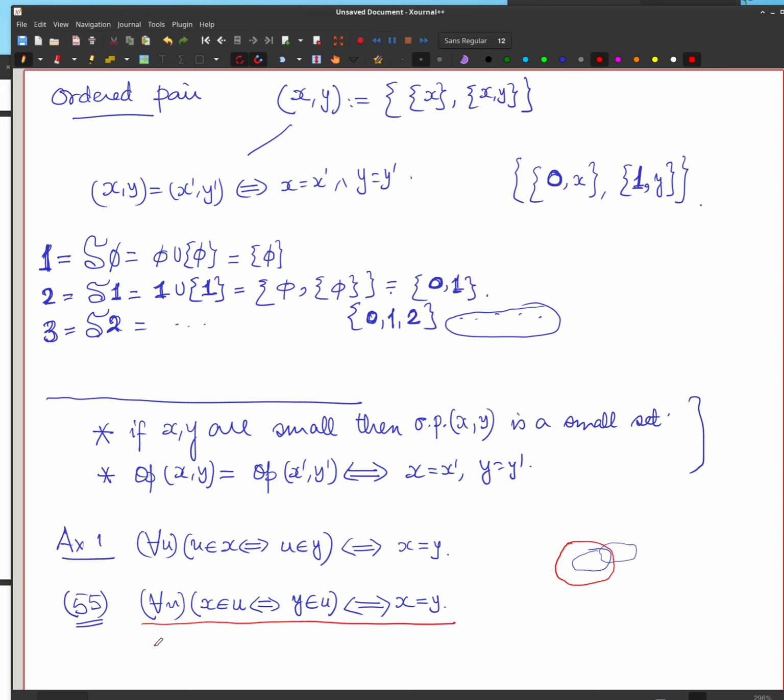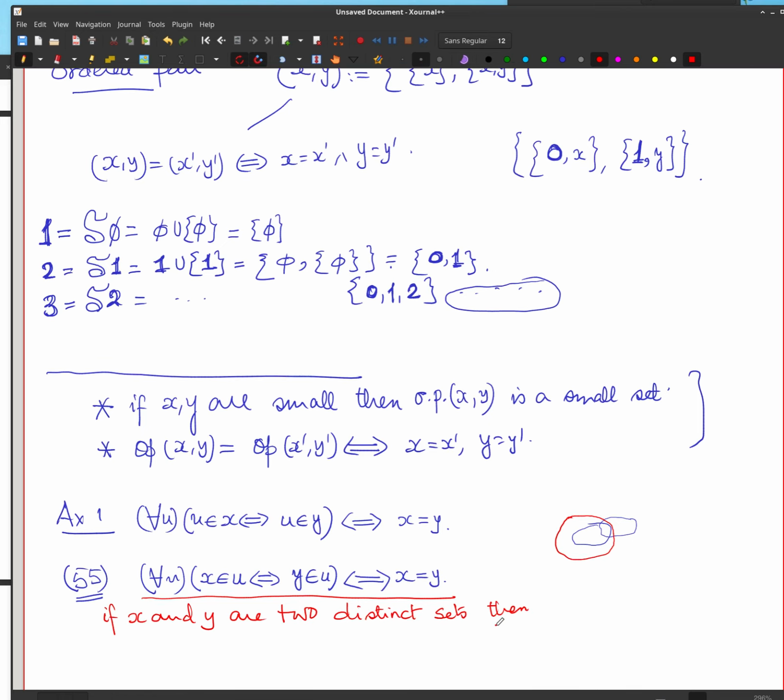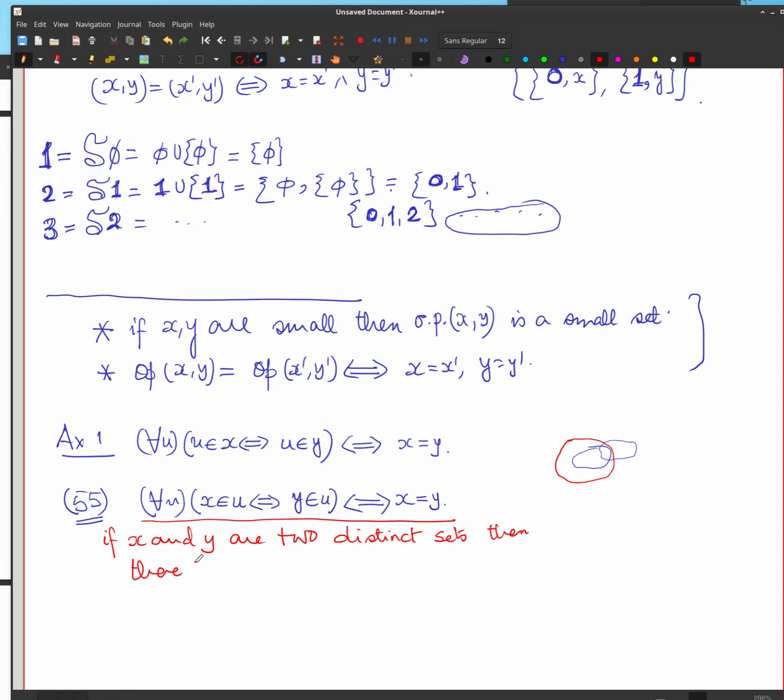So this is the main story behind it. It says that if x and y are two distinct sets, then there exists a set U which has x as one of its elements and does not have y.